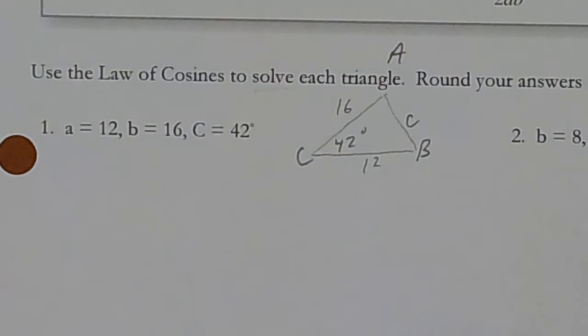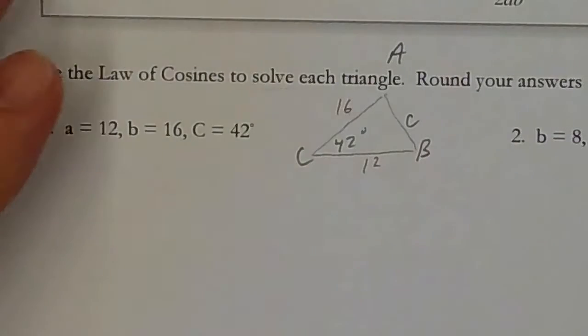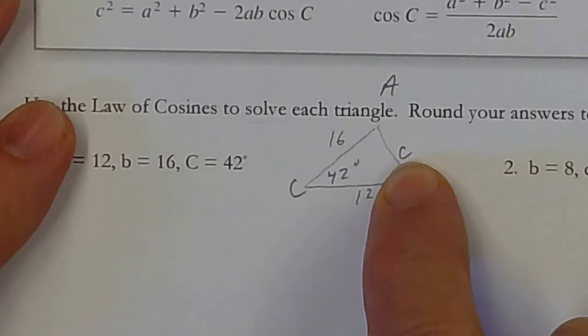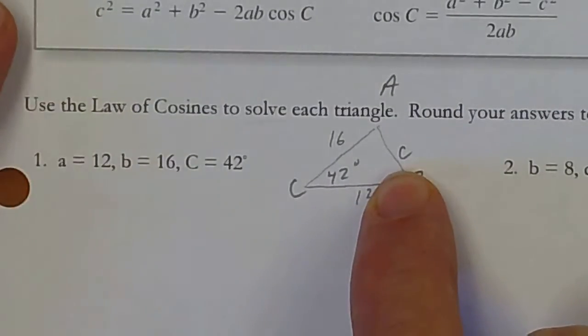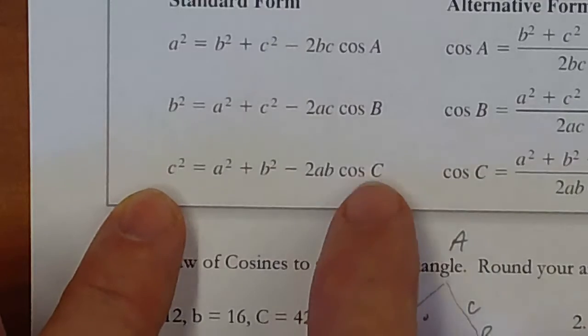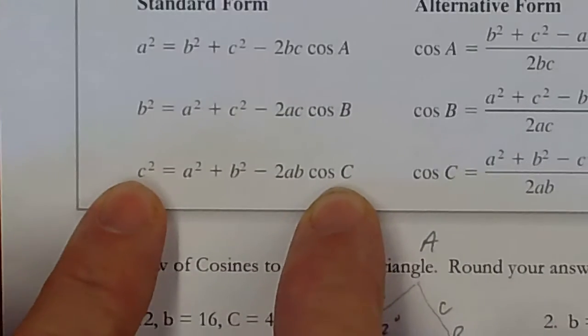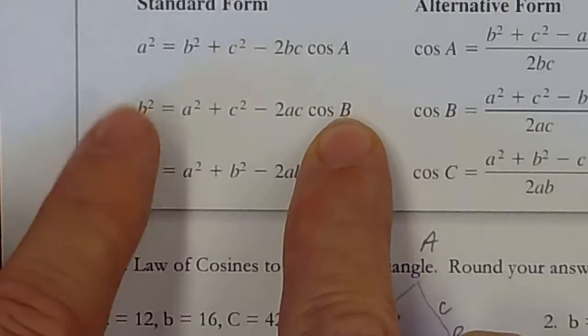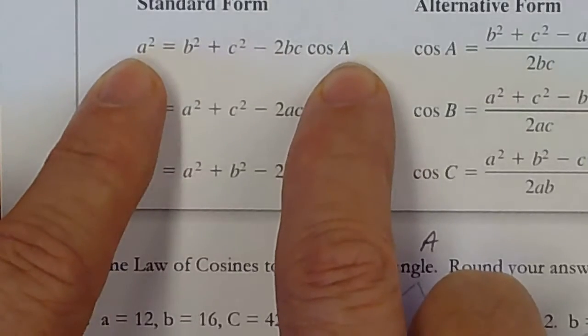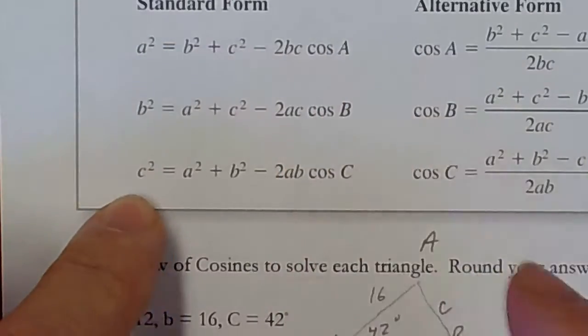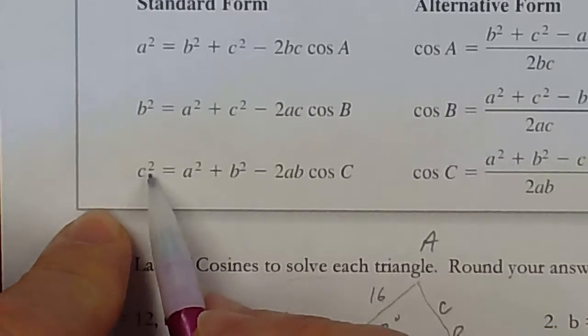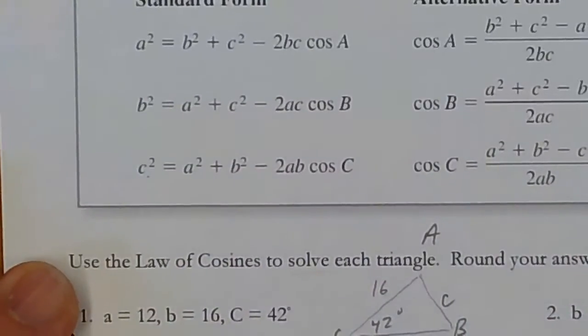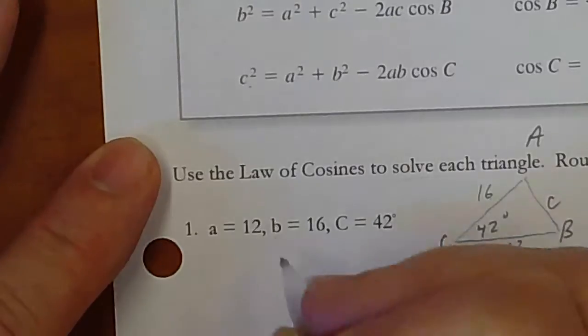So step one: find a side using the standard form. This law of cosines follows a pattern you'll pick up on after a while. Whatever side is opposite the given angle is how you start expressing it. See what I mean? Cosine of C, and look how you start expressing it with side C. Same thing with side B and angle B, and A. The side that we can find first is going to be C. So I'll be clear which form we're using.